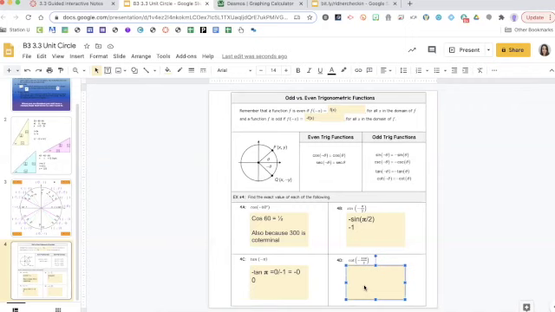If I think about 11 halves, that's 5.5 pi, and the unit circle only goes around to 2 pi. So I need to figure out what it is coterminal to. I'm going to keep adding 2 pi to that. So -11 over 2 plus 12 over 2, -11 plus 12 is just pi over 2, right?